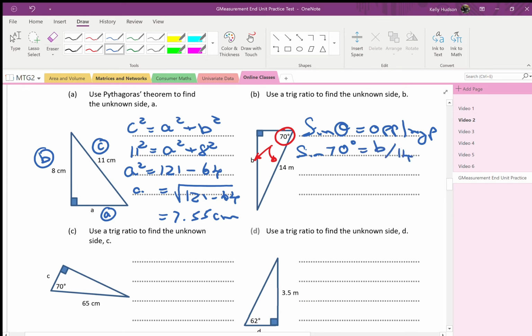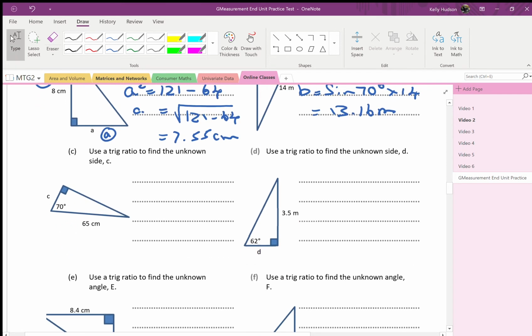So I need to move the 14 from the bottom, so I'm going to multiply both sides by 14. So b is equal to sine 70 degrees multiplied by 14. So in my calculator, I make sure my calculator is set for degrees, or D. I put sine of 70 in, multiply it by 14, and I end up with 13.16. Now that will be in metres, so I have to put a metres on the end, and that's completed my problem.